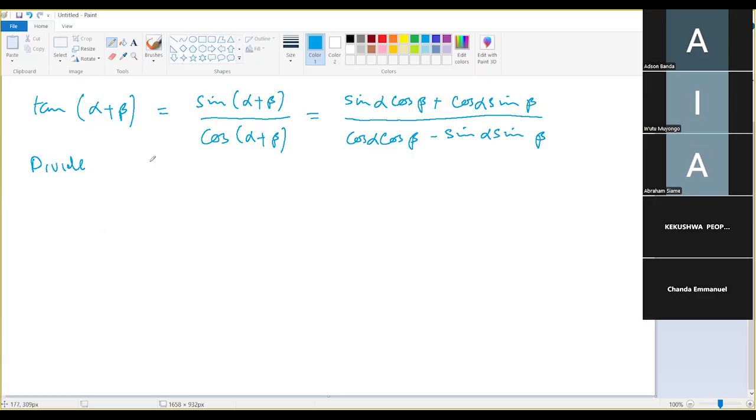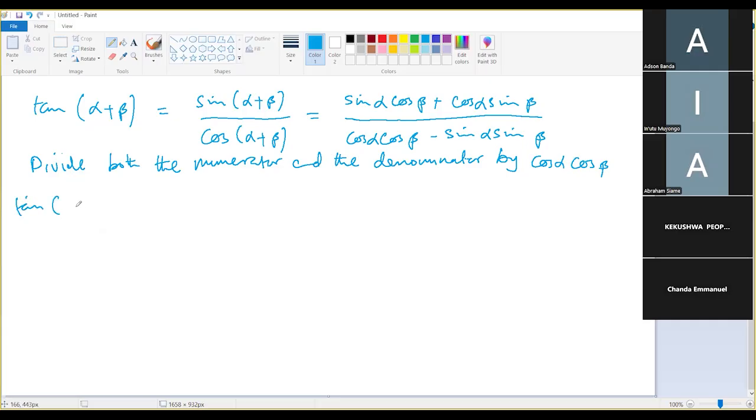Divide the numerator and the denominator by cos alpha times the cosine of beta. So both the numerator and the denominator. If we do that, what we are going to get is the following.